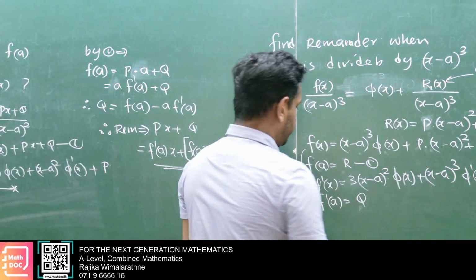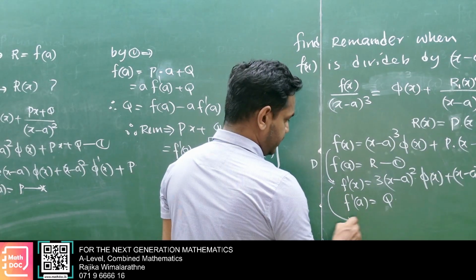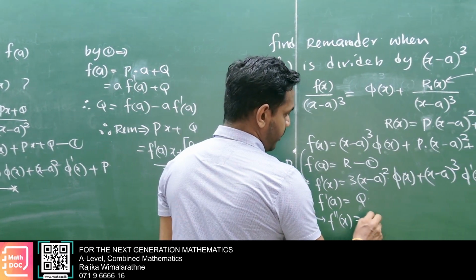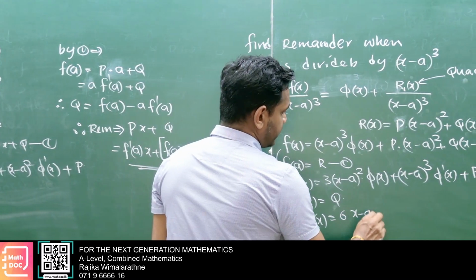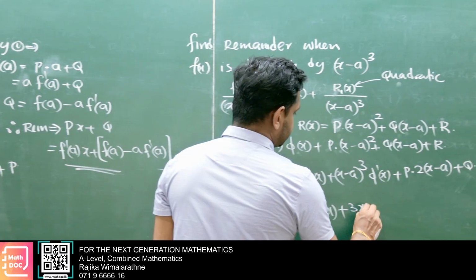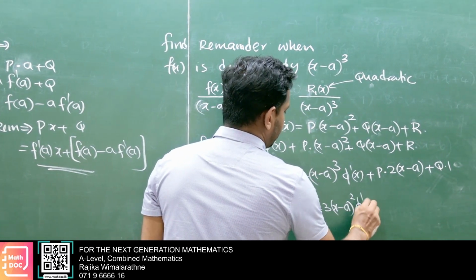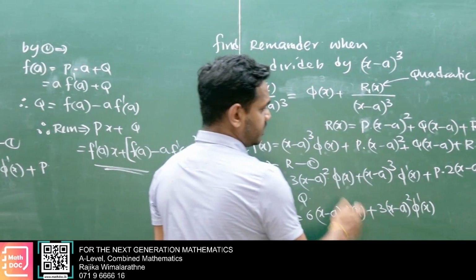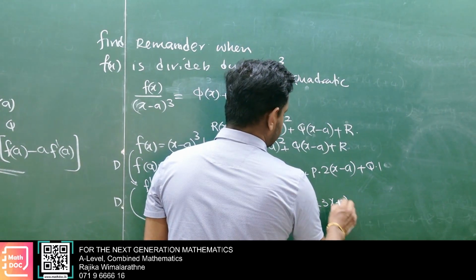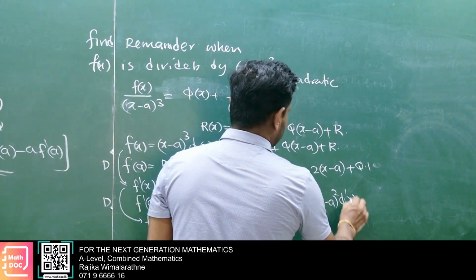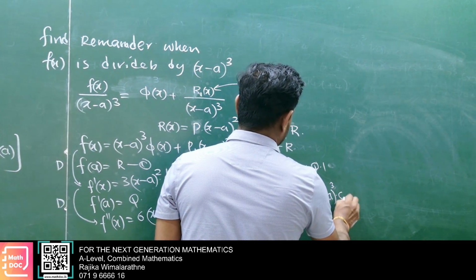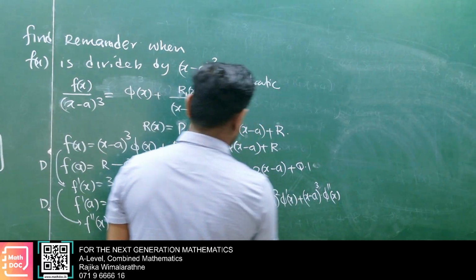Further you differentiate this, f double dash x. Here 6 times x minus a phi(x), plus 3 times x minus a squared phi dash x, and this product gives 3 times x minus a squared phi dash x plus x minus a cube times phi double dash x, the second derivative.